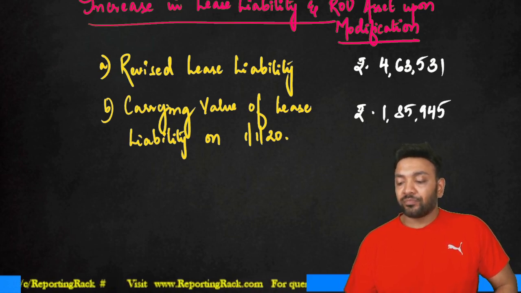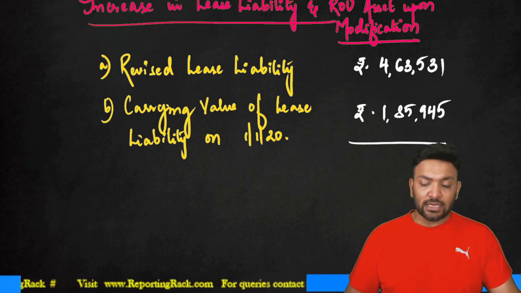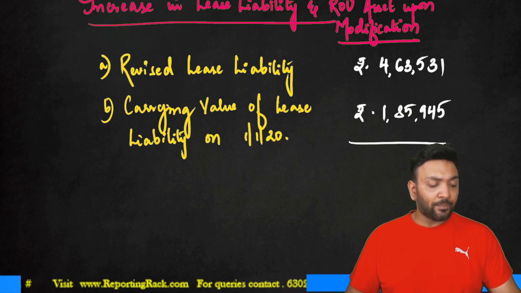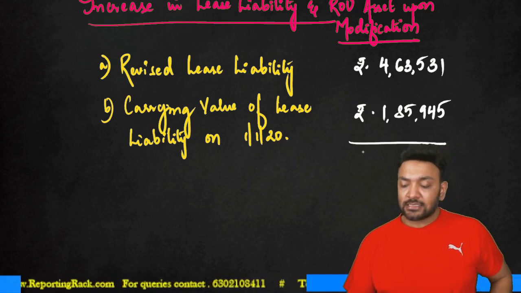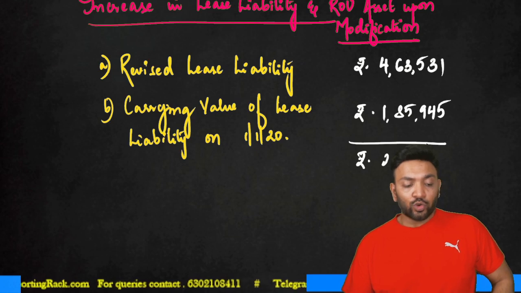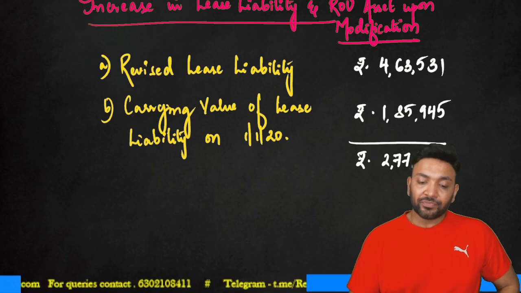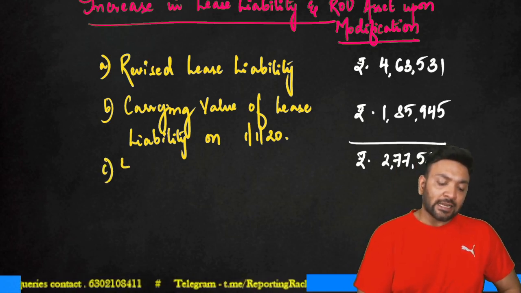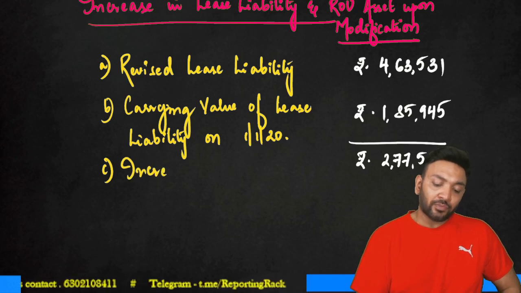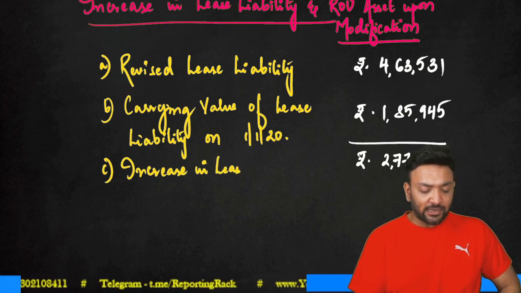Calculate 4,63,531 minus 1,85,945. This is 2,77,586. This is the increase in lease liability and ROU asset.